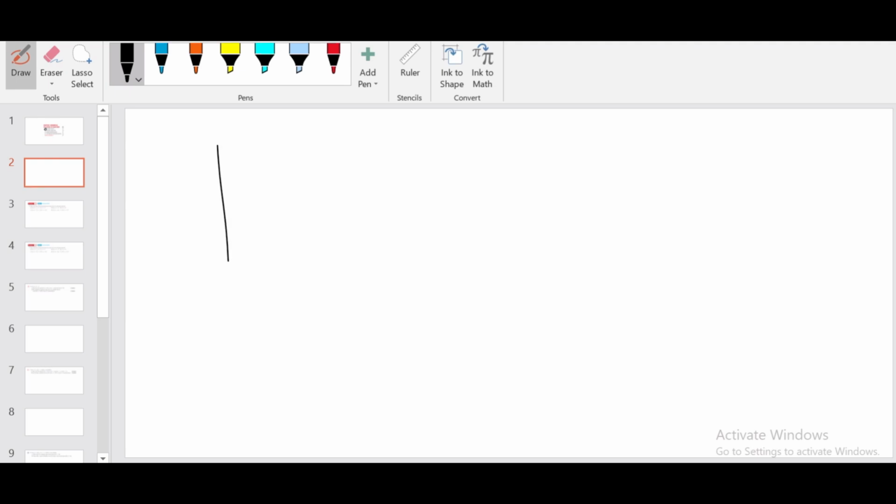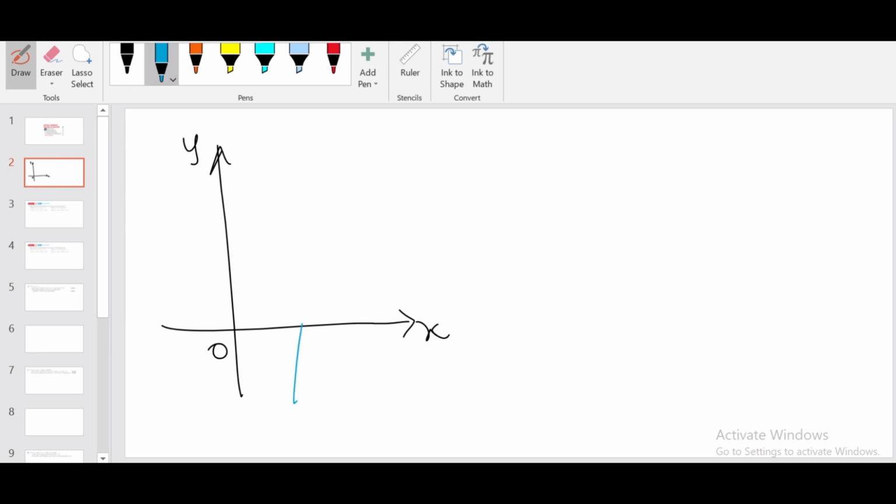For example, look at this function. If you take a point A and B here, both will give you a negative value, right, when you sub into the function. But still there is an even number of roots, correct? So even though there is no change of sign between A and B, still there are roots.